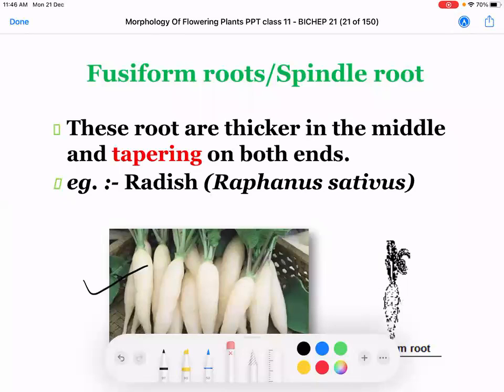And this kind of modification of storing the food into the root is called the fusiform or spindle roots. An example is radish. Radish is a common name, and Raphanus sativus is the scientific name of it.